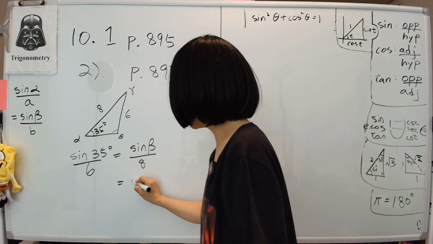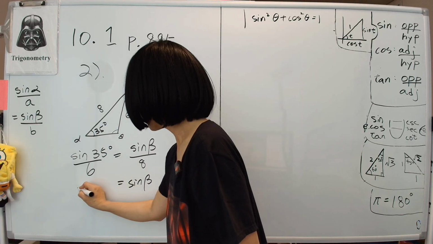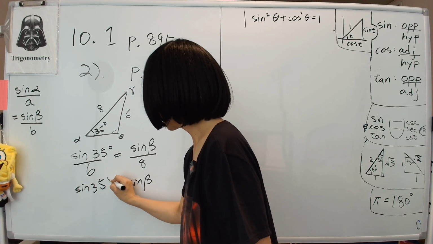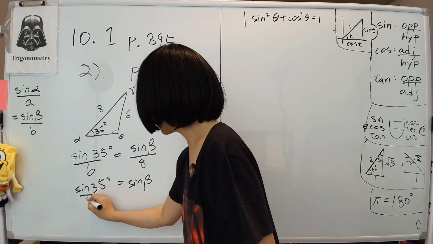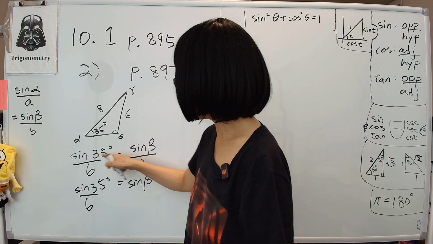To solve this equation, sine beta equals sine of 35 degrees divided by 6, and we just have to move 8 across the equal sign on top.